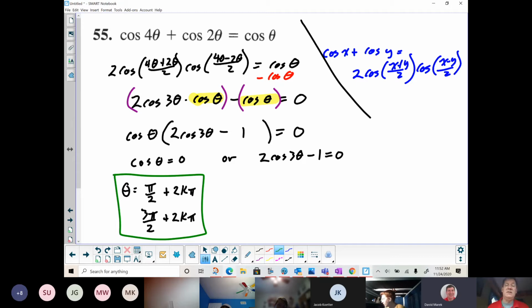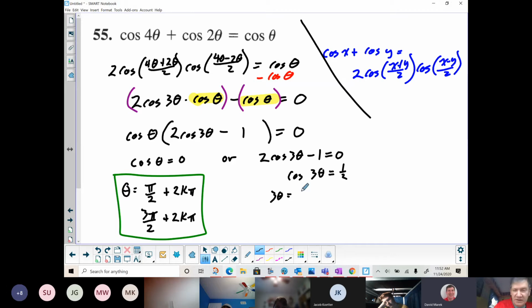Now with the second part of it there, again, do the algebraic part of it. Add 1 to both sides, divide by 2, so we should get it down to cosine 3 theta is equal to 1/2. So now 3 times theta, where is cosine equal to 1/2?